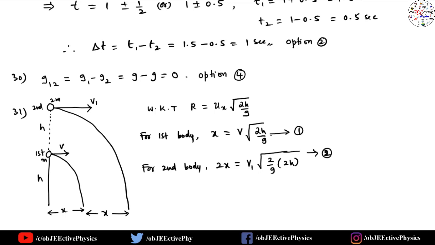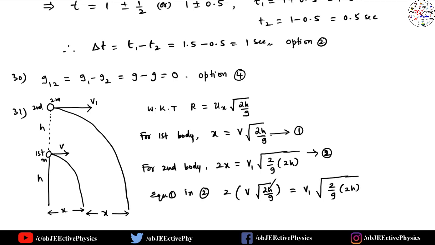Now, substituting equation 1 into equation 2, we get 2 into v into square root of 2h by g, in the place of x, is equal to v1 into square root of 2 by g into 2h. On both sides, square root of 2h by g cancels.